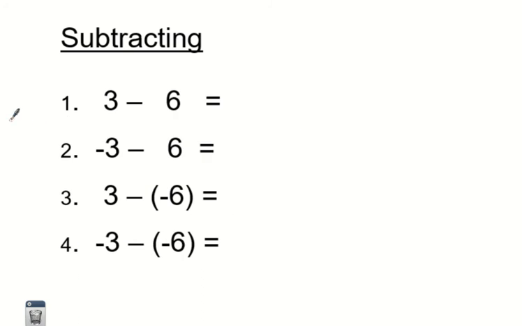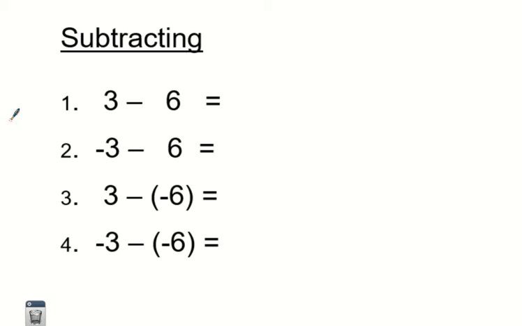Subtracting. The only thing I'm going to point out real quick here is, well, maybe not yet. Maybe we'll actually do this one in order. So number 1, 3 minus 6. Well, like I've already said like 5 times, subtracting means you're moving to the left. So if you are at 3 on the number line and you move to the left 6 places, because we're subtracting 6, and we're getting less than 3, I think hopefully that made sense.